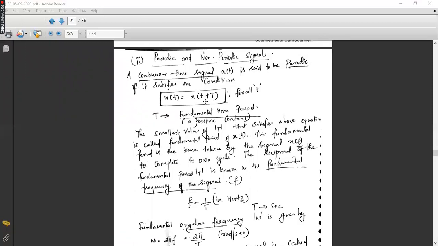Jeffrey can interpret. Second case you explain, Jeffrey. Jeffrey Charles, put t equal to 1 and tell me the equation. Yes, sir. Put t equal to 1. What will happen?